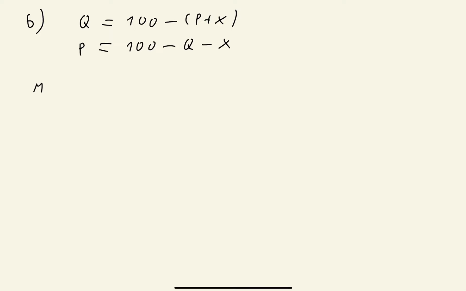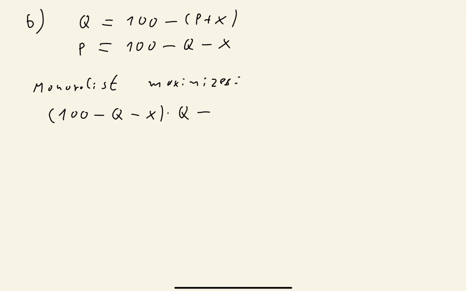Now the monopolist maximizes the following: the price, given that he's choosing some particular quantity, times the quantity that he's producing, minus the costs, which are unchanged.